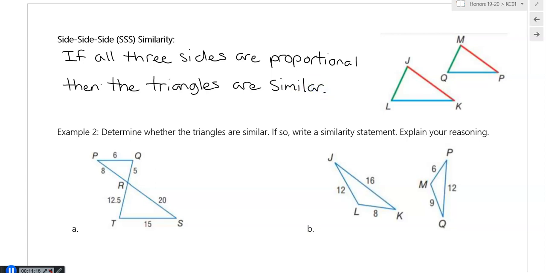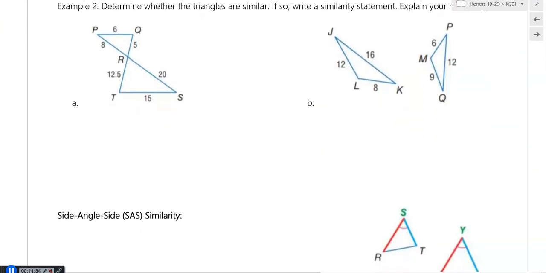Okay, so I got another shortcut. In 1.2, we had to check if all three sides were proportional and if the angles were congruent. Now, I can just check if the sides are proportional and be done.